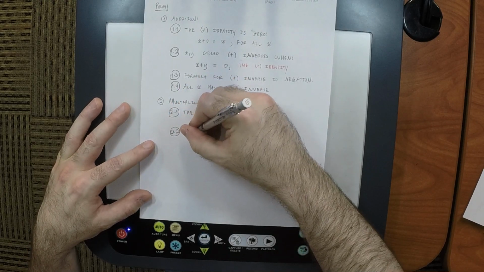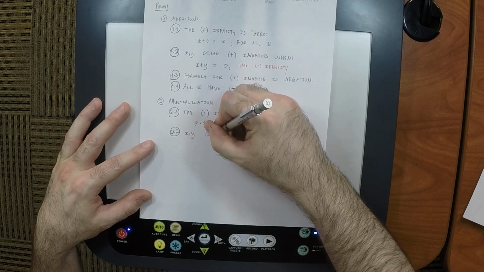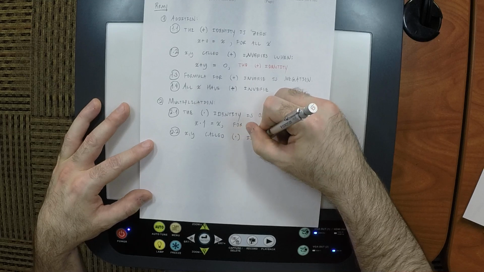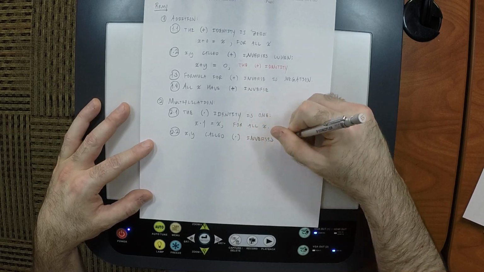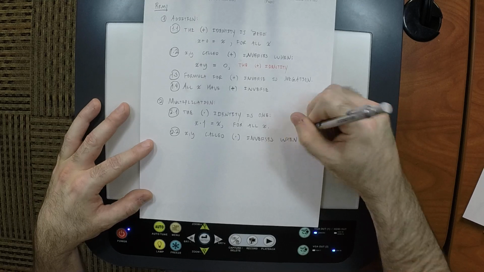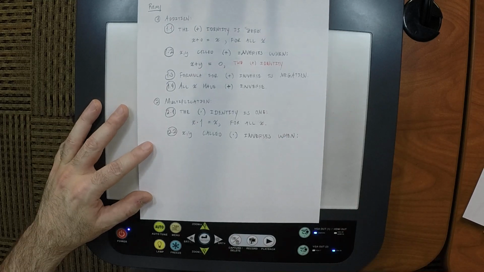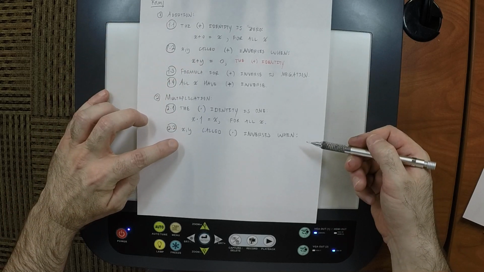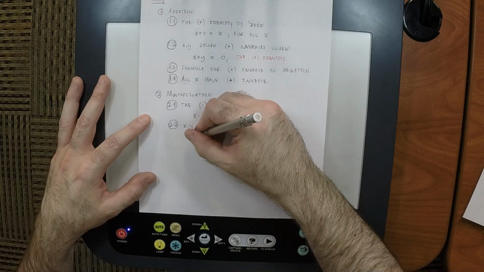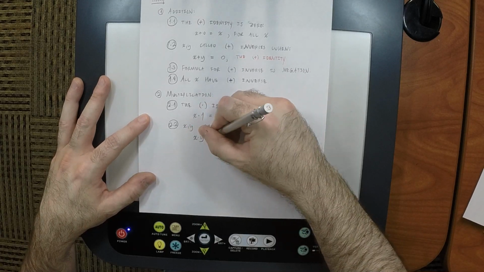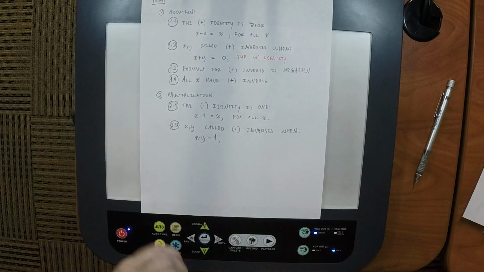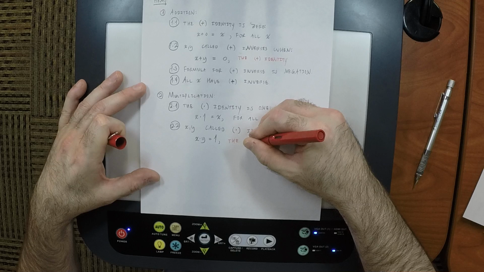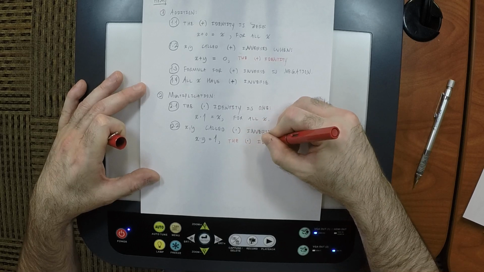2.2. x and y are called multiplicative inverses when what? By analogy to this, when you multiply them and you get 1, the multiplicative identity.